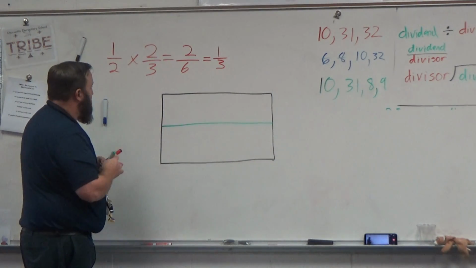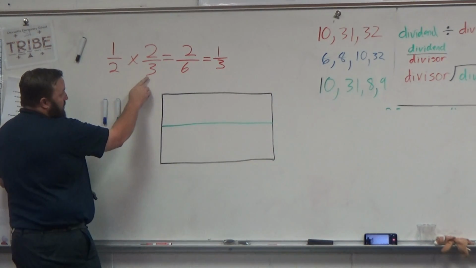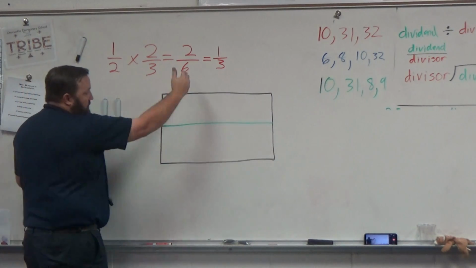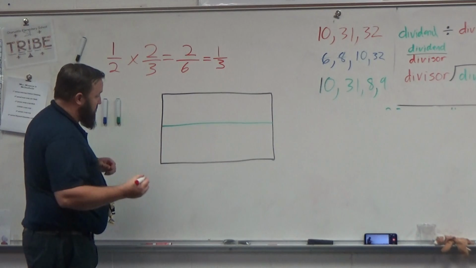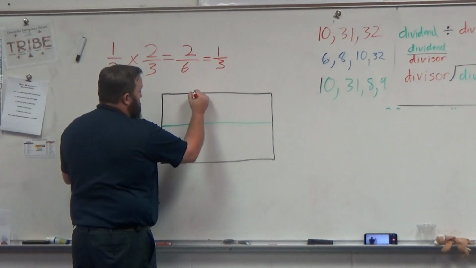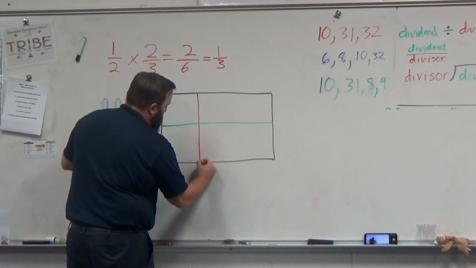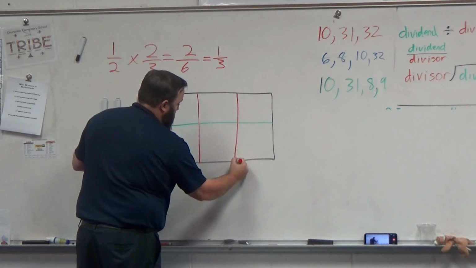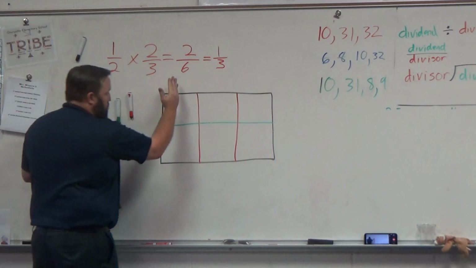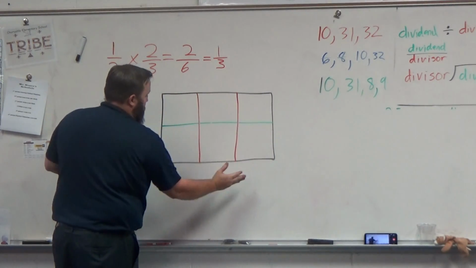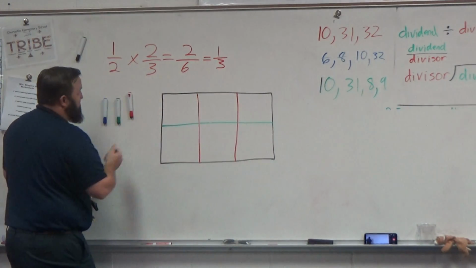Alright? Now, I want 1/2 of 2/3, so now I need to cut my rectangle into thirds, here and here. Okay? So now I have 1/3, 1/3, 1/3, and 1/2, 1/2.